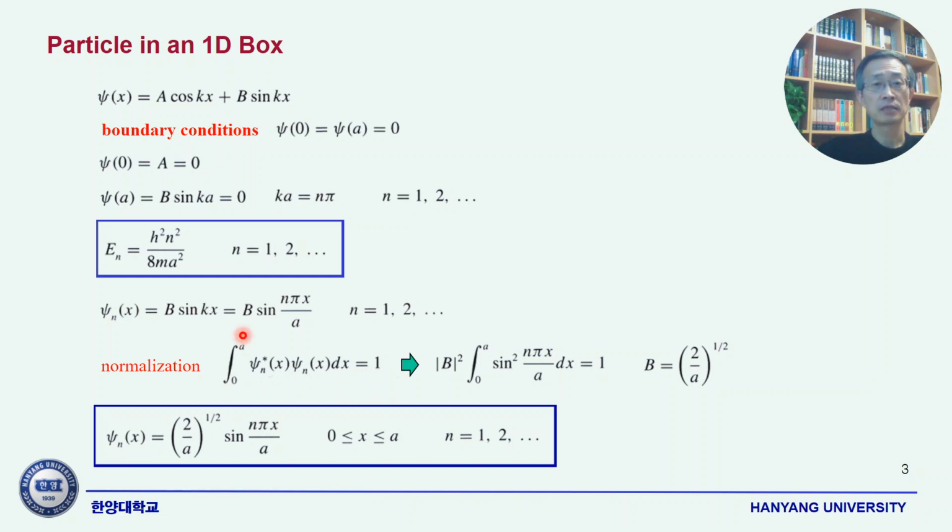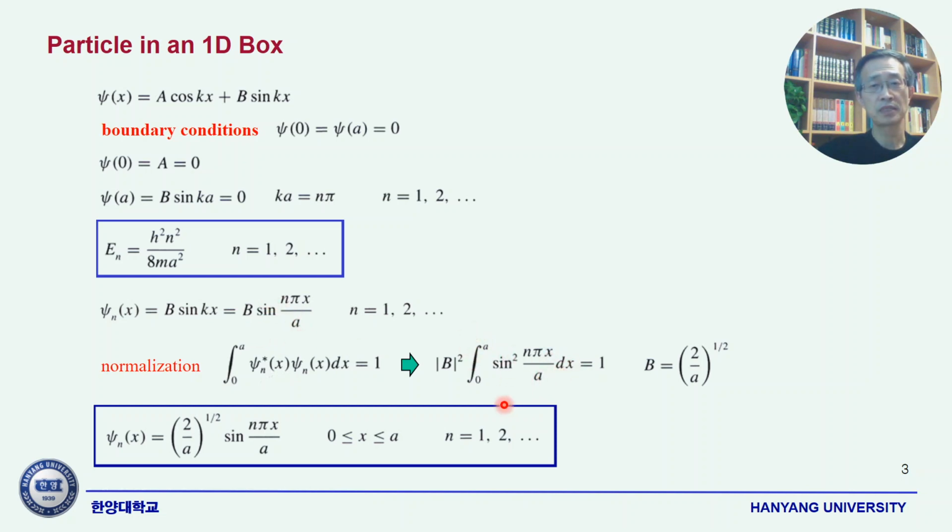Okay, and then you plug in b sine n pi x over a, and you have a real function, which means that you have just the square of this function. So what you have is absolute value b square, that's fine, integral 0 to a of sine square n pi x over a dx.